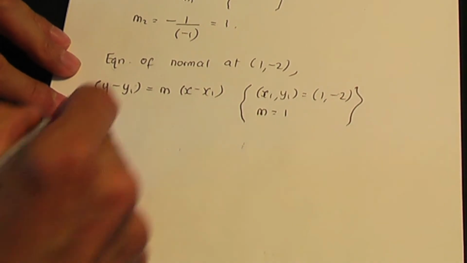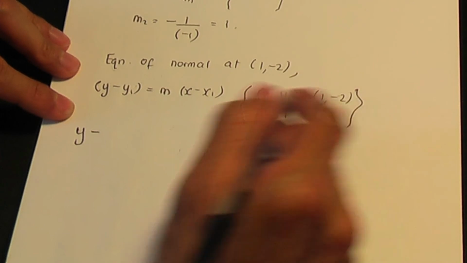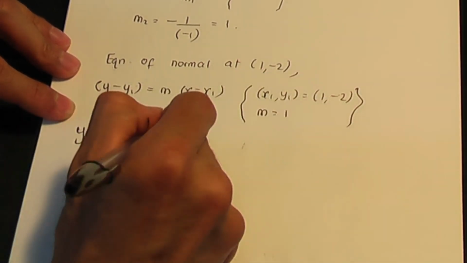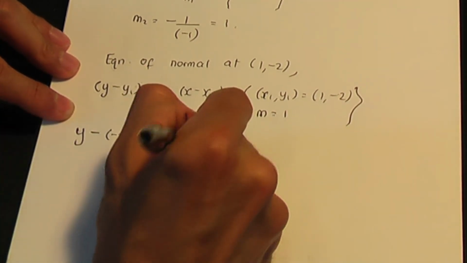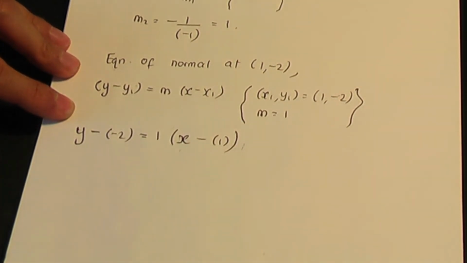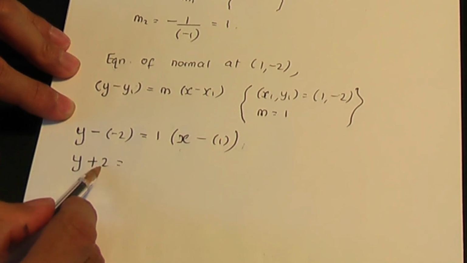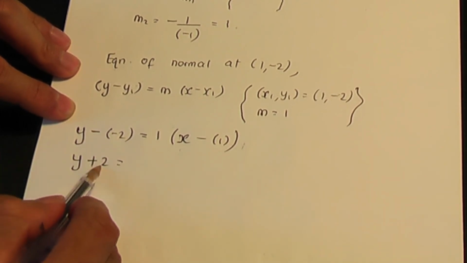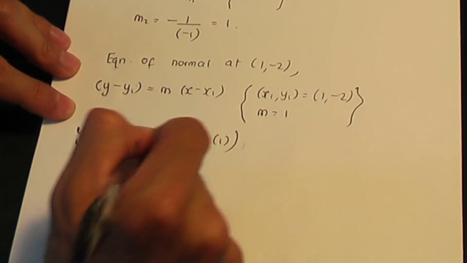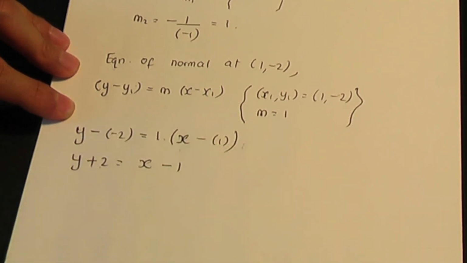Okay? So if I substitute the data, I'll have y minus y1, y1 is -2, equal to m being 1 into x minus x1, which is 1. And if I simplify, I'll have y plus 2 on the left, since minus into -2 is plus 2. That is equal to 1 times x, which is x, and 1 into -1, which is -1.